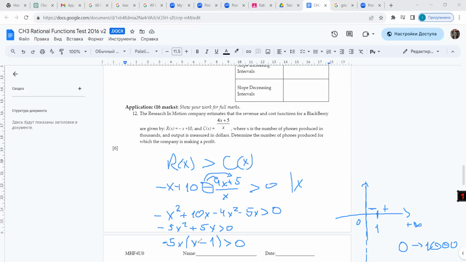Yeah, and now I still have 0 and 1 as my solutions, but now I have to look when this function is positive. And if I substitute 1 over 2, it's going to be positive, and when I substitute 2, it's going to be negative. Again, this interval works.